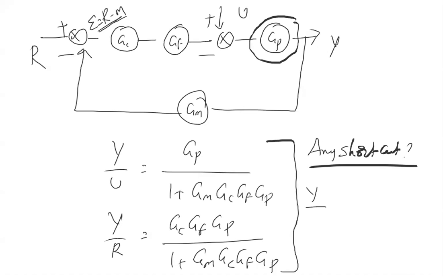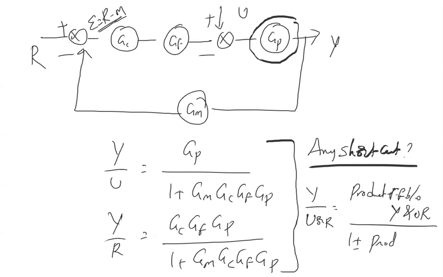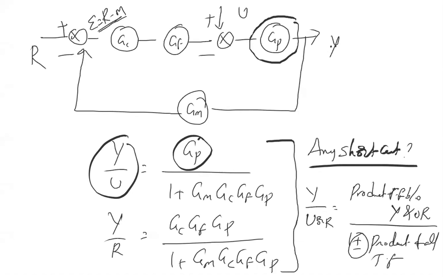So Y by U or R is the product of transfer functions between Y and U or R, divided by 1 plus or minus the product of all transfer functions. Why are you getting plus? Because this is minus. You are getting plus because this is minus.